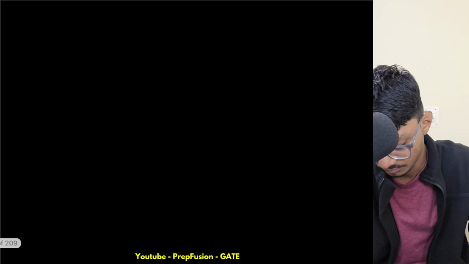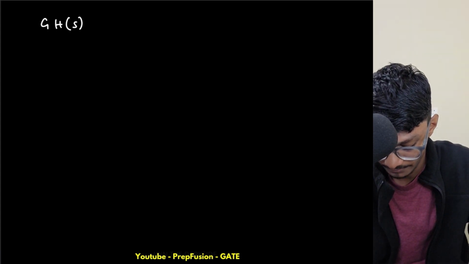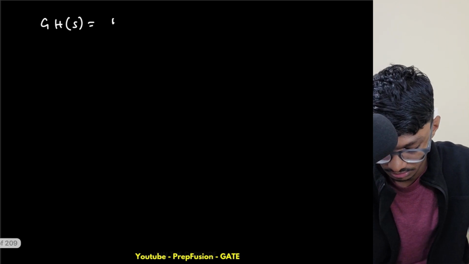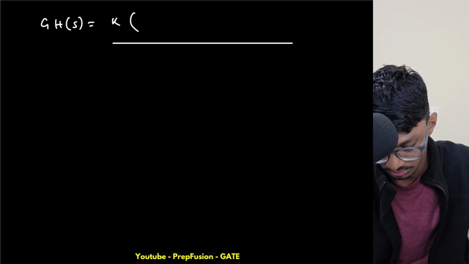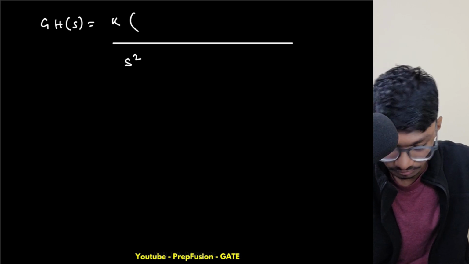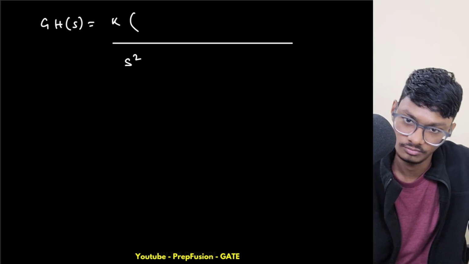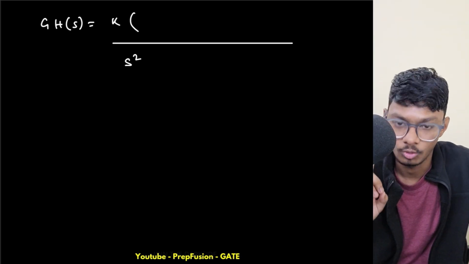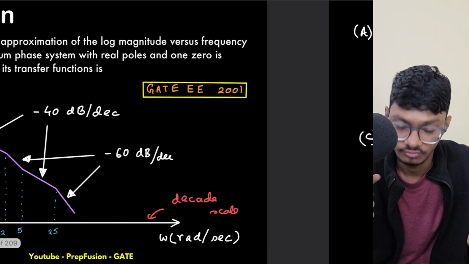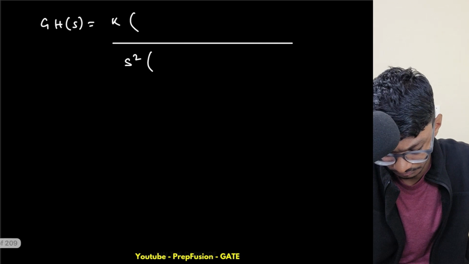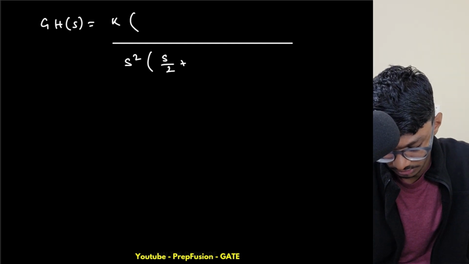So I can write it in the standard time constant format, G(s)H(s) equals K times, first, obviously two poles, which are fixed, because it starts from a minus 40 dB per decade slope. Then at omega equals 2 I have one pole, so this is s by 2 plus 1.